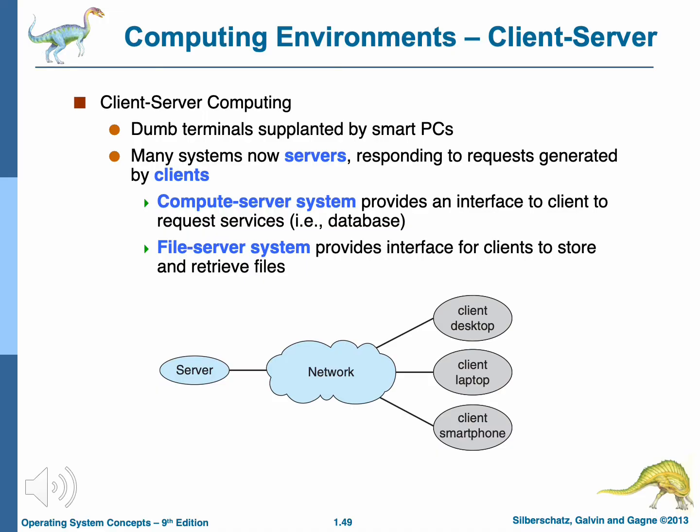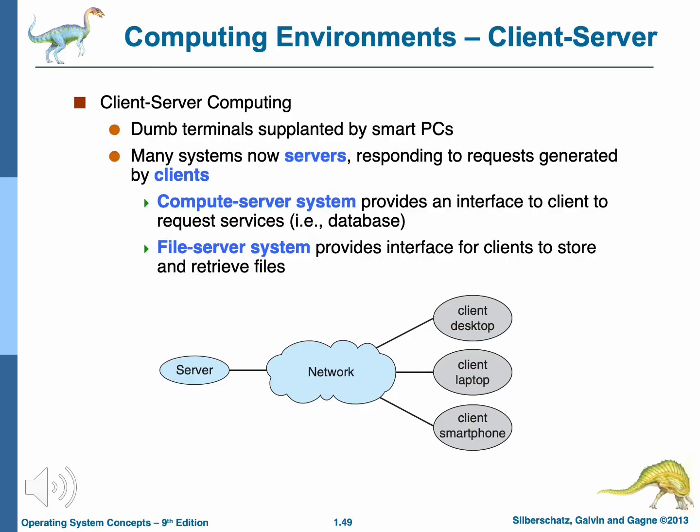Server systems can be broadly categorized as compute servers and file servers. The compute server system provides an interface to which a client can send a request to perform an action, for example, read data. In response, the server executes the action and sends the results to the client.